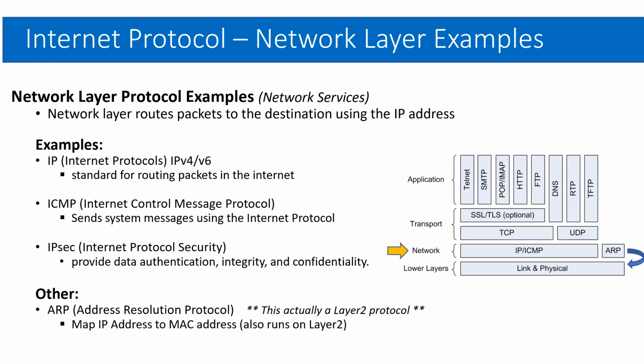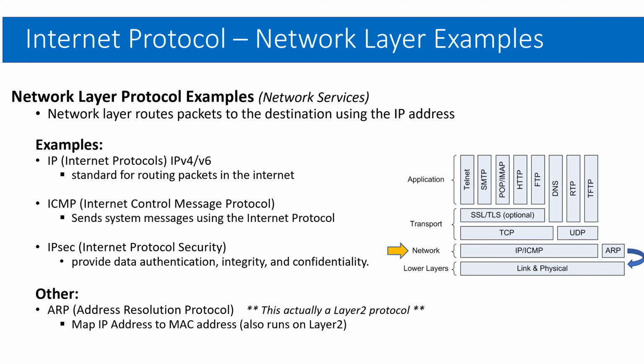We'll talk about that later, but IPv6 has security integrated in it. When we do IP addressing and routing, we can add additional security for data authentication, integrity, and confidentiality.